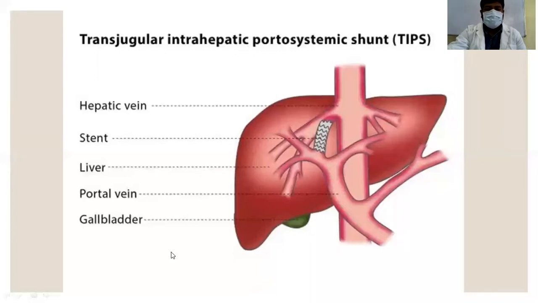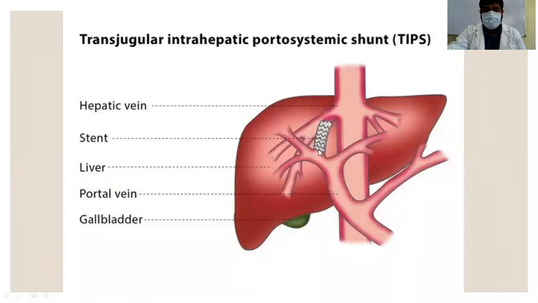See, there is a portal systemic shunting. This is TIPS surgery, transjugular intrahepatic portosystemic shunting. How is this done? There is a stent that communicates the portal vein to the hepatic vein, so that the restriction of the flow doesn't occur. Okay.